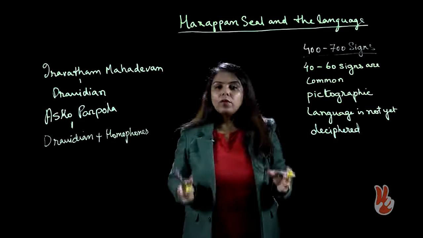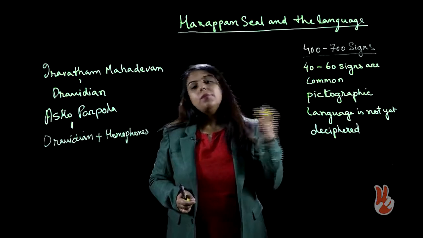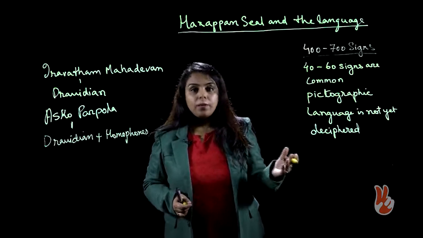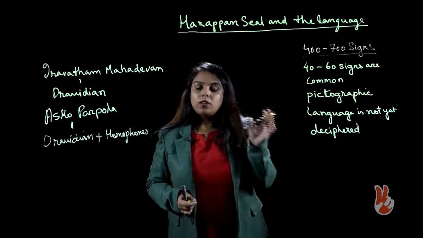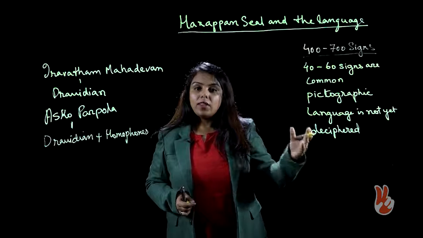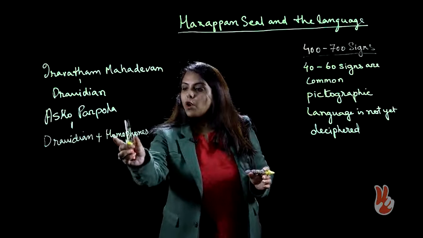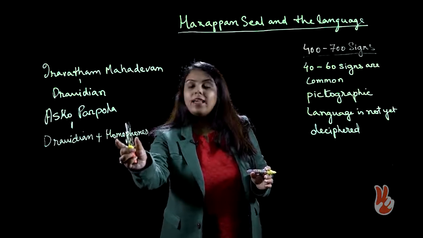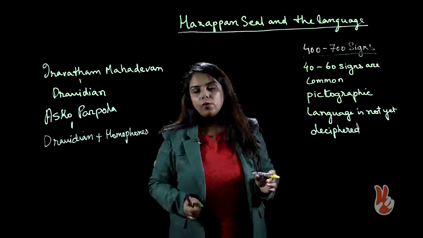Homophones means the language had such words which had similar sound, but the meaning was different. For example, in the English language we have sea and see. Both the words have similar sound, but one is to look and the other is talking about the ocean. So, similarly, Asko Parpola said that there were a large number of homophones which were used in the language.